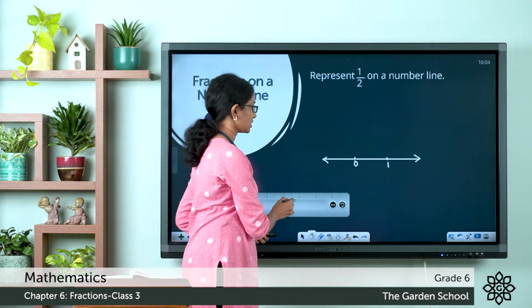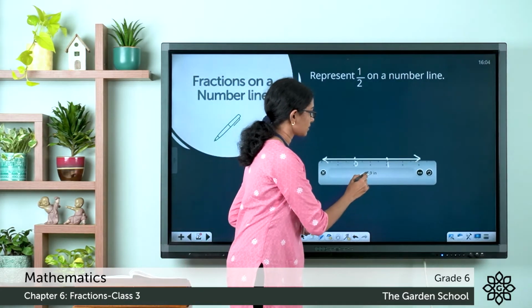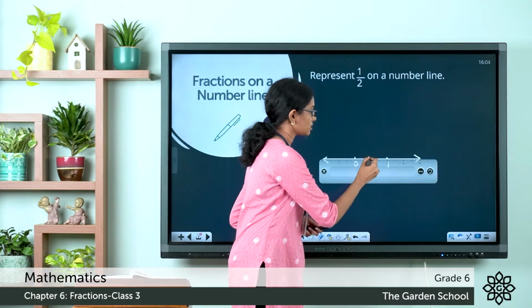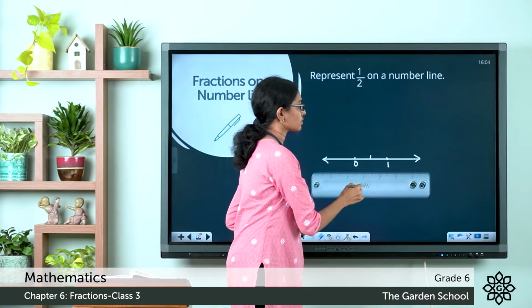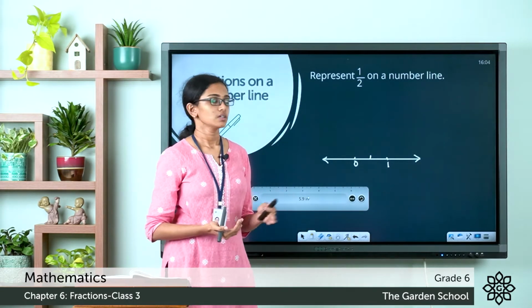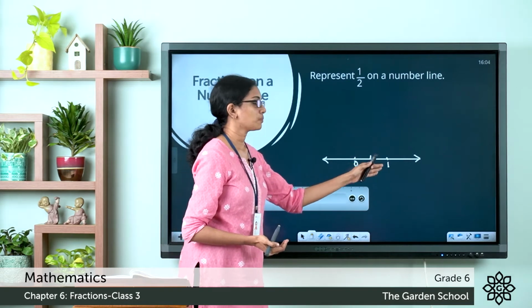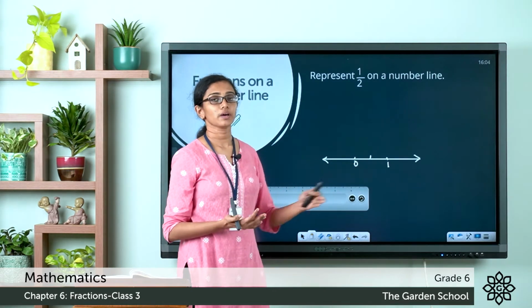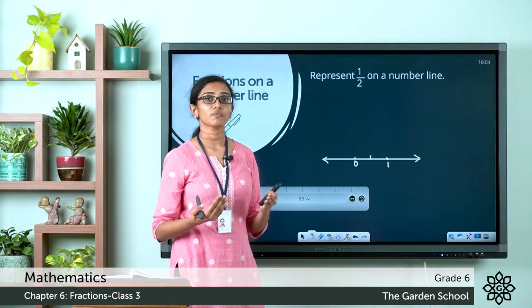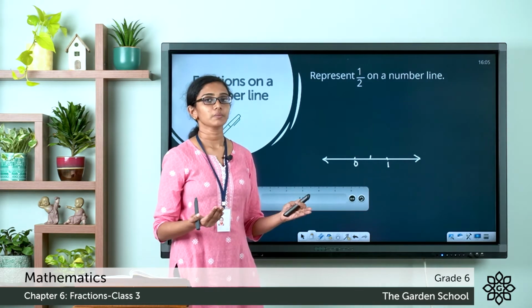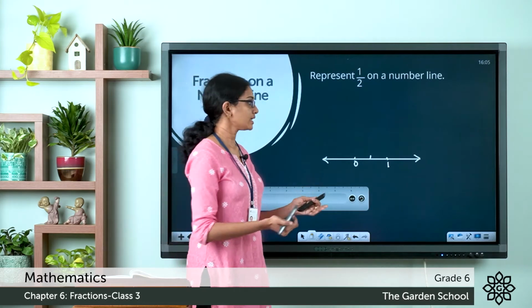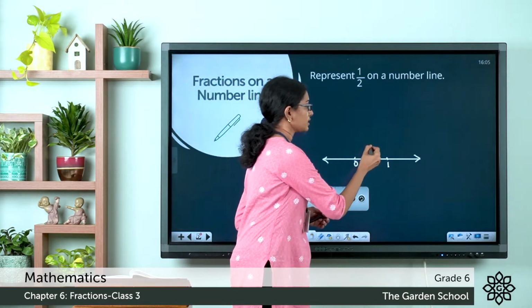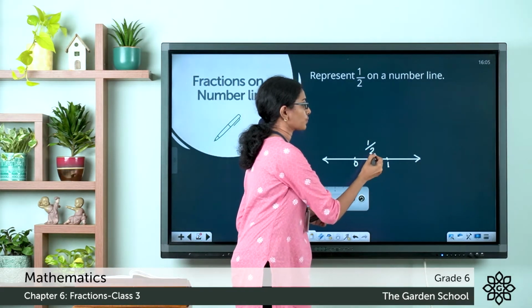So, here let me divide the gap between 0 and 1 into 2 equal parts. See, now we have one part here and one part here. Now, you see this gap between 0 and 1, which is equal to a value of 1 unit, is getting divided into 2 equal parts, and this point will be the fraction 1 by 2.